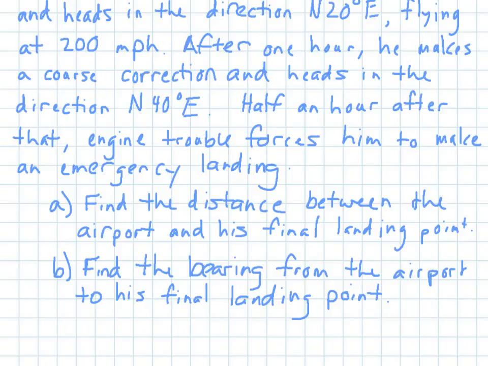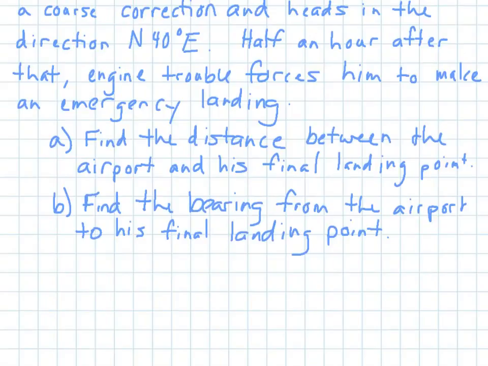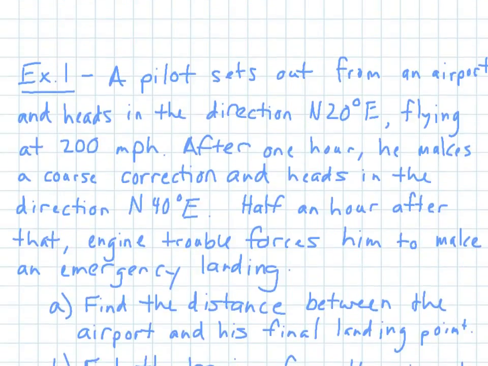Okay? Now, with these, drawing pictures is the best way of figuring out what's going on. So you can draw little ones. So this is north, remember. If I am going first, it said north 20 degrees east, flying at 200 miles per hour. And remember, it says after 1 hour.